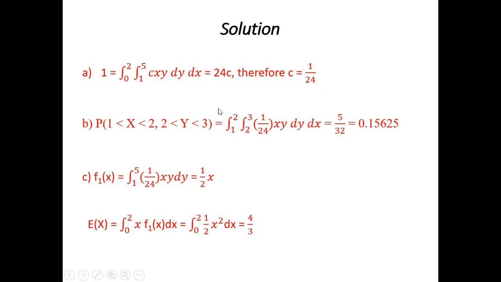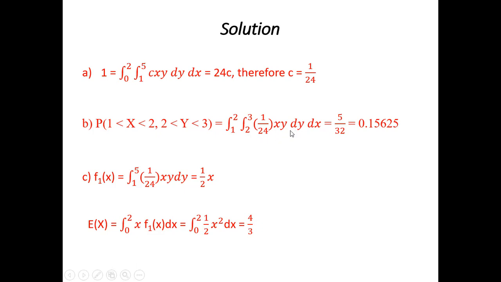So now in part B, we have really a straightforward probability question. Find the probability x is between 1 and 2, and y is between 2 and 3. So this is some region inside the region for which f of x,y is defined. So we could evaluate this using a double integral. Here we're going to integrate with respect to y first.